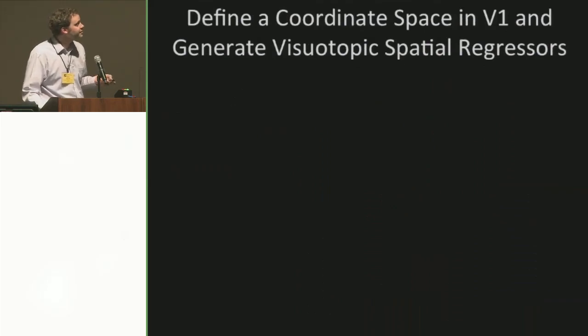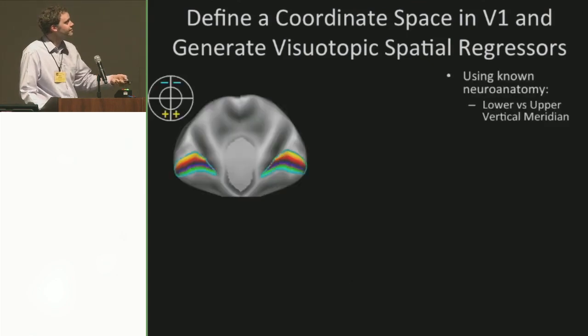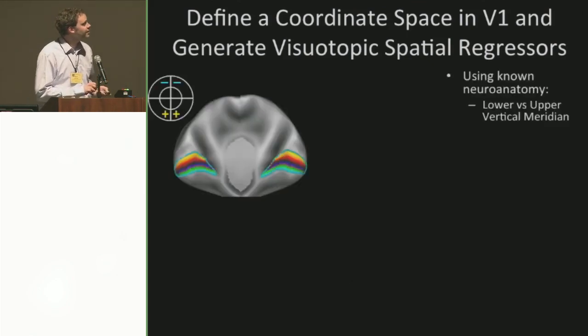So we're going to define a coordinate space in V1 and generate visuotopic spatial regressors. We'll have our schematic up here, so our pluses mean a positive 1 and our minuses mean a negative 1 here. So we're going to generate some spatial regressors. Here we're contrasting the lower vertical meridian up here with the upper vertical meridian, and then the horizontal meridian is at 0.